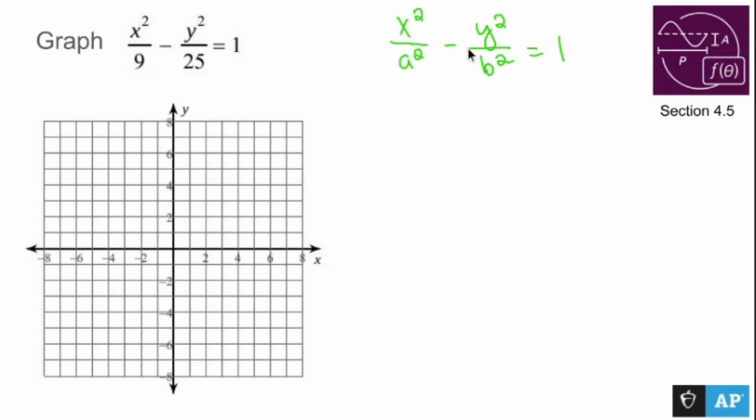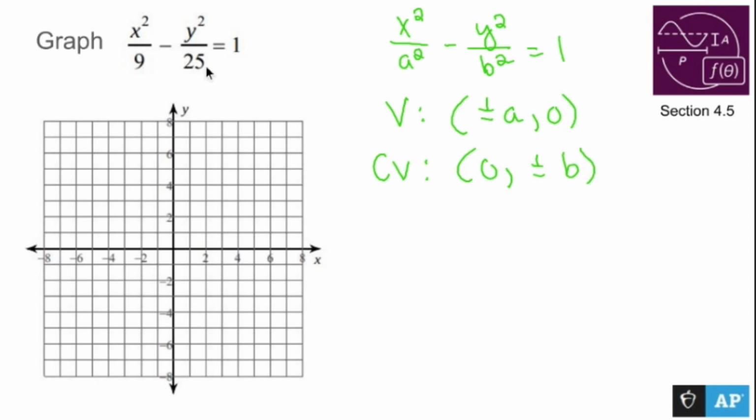When you have the x squared minus the y squared, this is going to be called the horizontal hyperbola, and we'll see what that looks like graphed. When given this information, you are going to have vertices that live at plus or minus a, 0. You are going to have what's called co-vertices, we'll explain what that is in a second, at 0, plus or minus b.